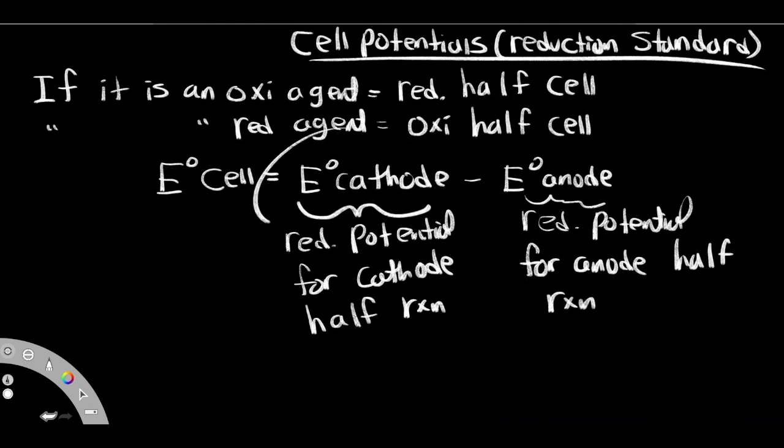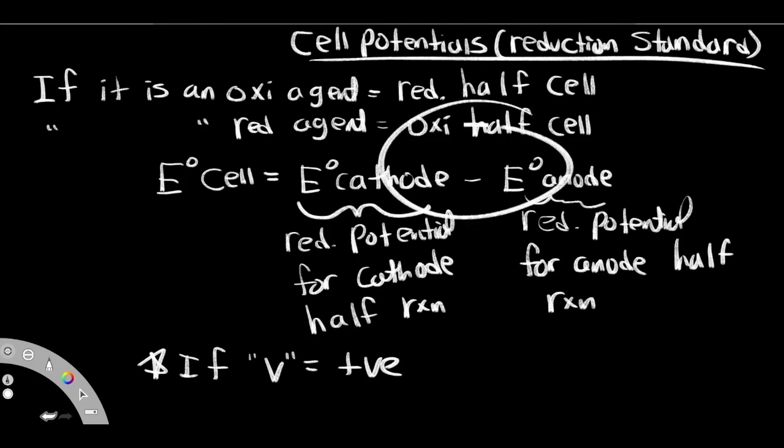You can find the standard reduction potentials for the cathode and the anode in the reference chart that I'm going to be showing you shortly. Once you find those and you find the difference between them, we have found the voltage, the potential difference between the cathode and the anode.